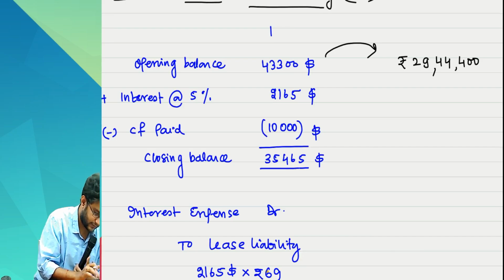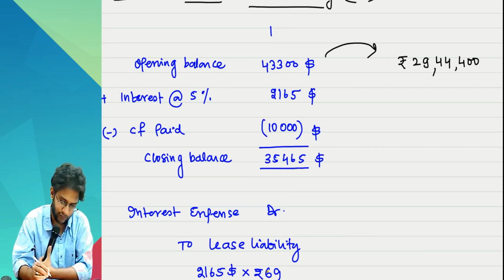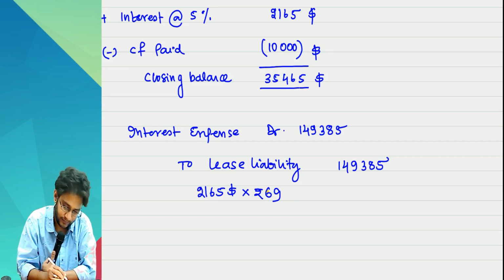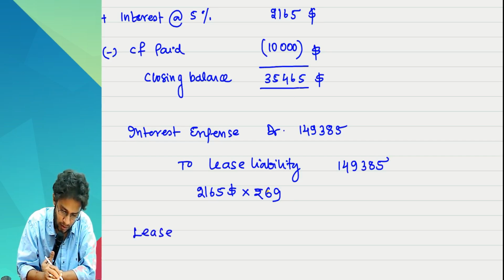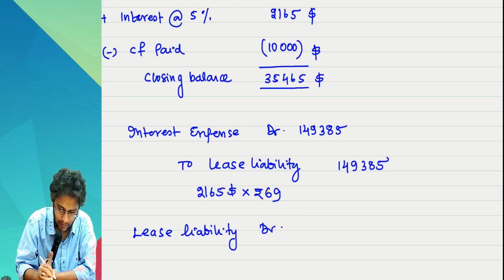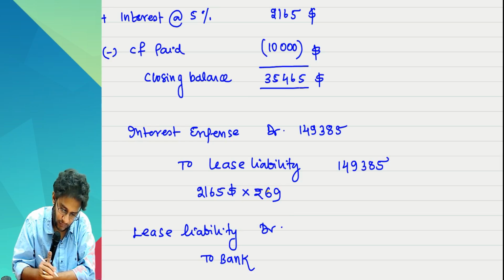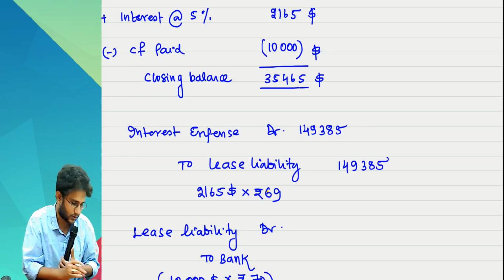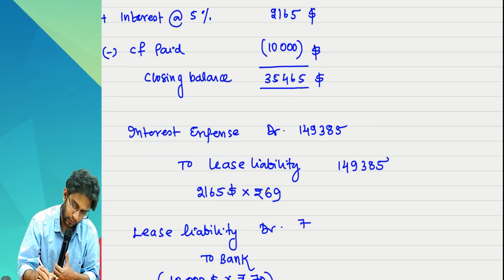So 2165 into 69, that is 149,385. Then lease liability account debit to bank, you are paying an amount of $10,000 at the end of the year. This is an initial recognition of the transaction, so that should be 7 lakh rupees.